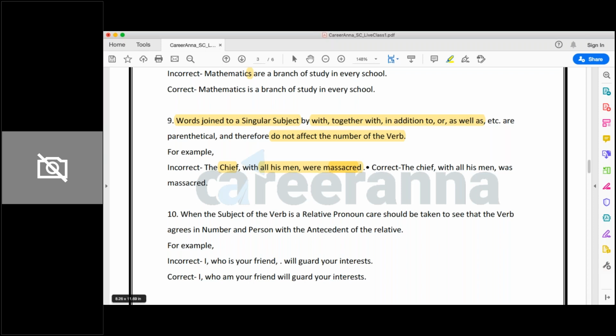Here, this verb will go with this noun. This verb will not go with this. Are you getting what I'm trying to say? Are you all understanding?